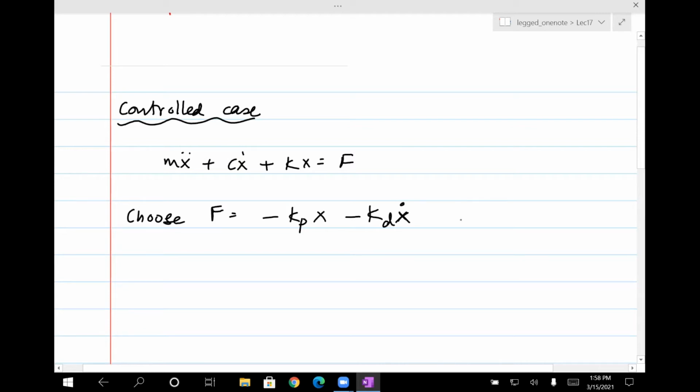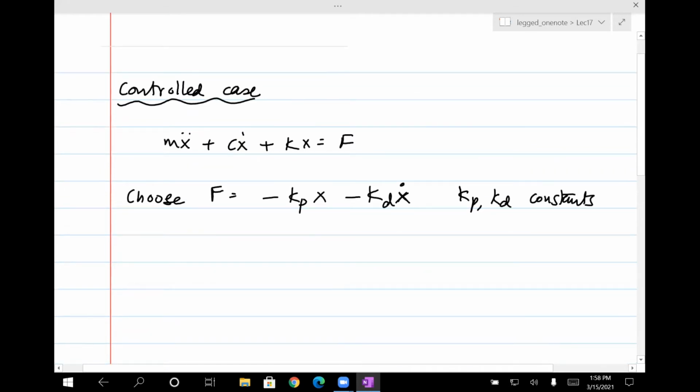Okay, and Kp and Kd are constants. In fact, user chosen constants, and I'll tell you how to choose them. So this is our feedback controller. It's a feedback controller because I need to measure x in order to find f. I can't do it without a sensor which would measure x.